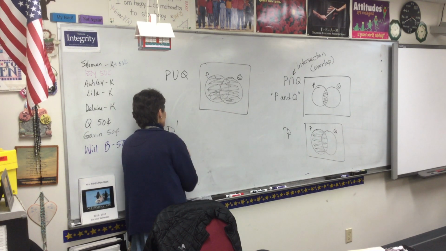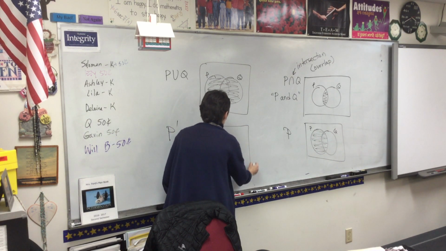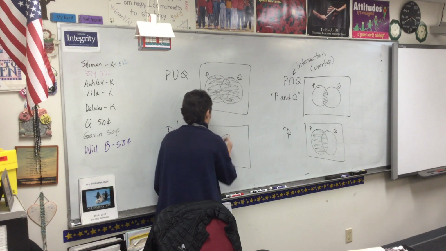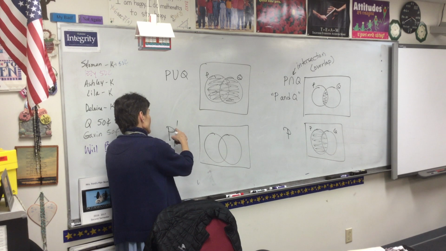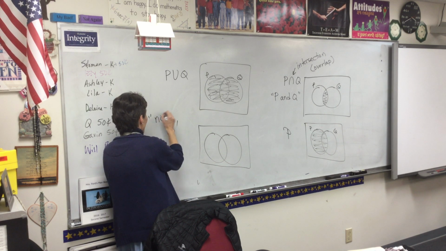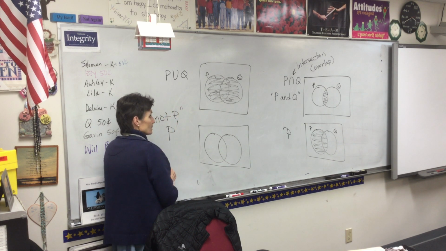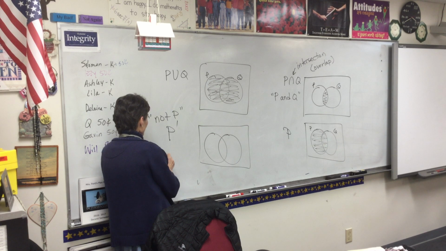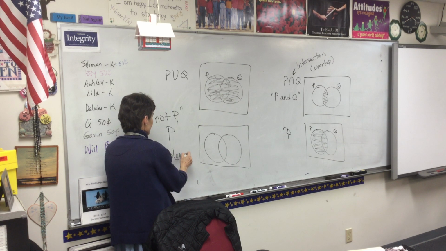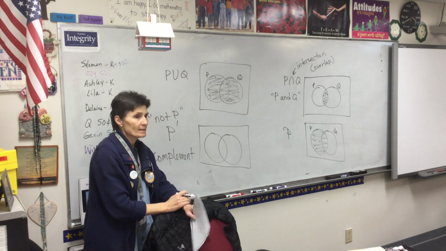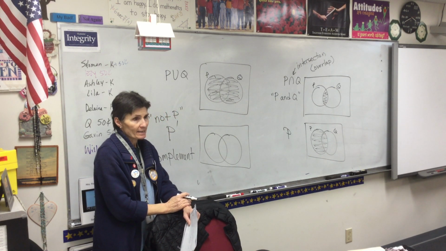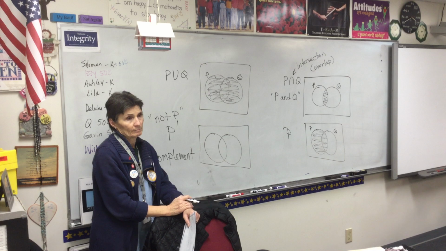And then we take a wild guess what that means? Without the intersection. This means not P. The math word for it is the complement, but it means everybody that doesn't like pancakes.